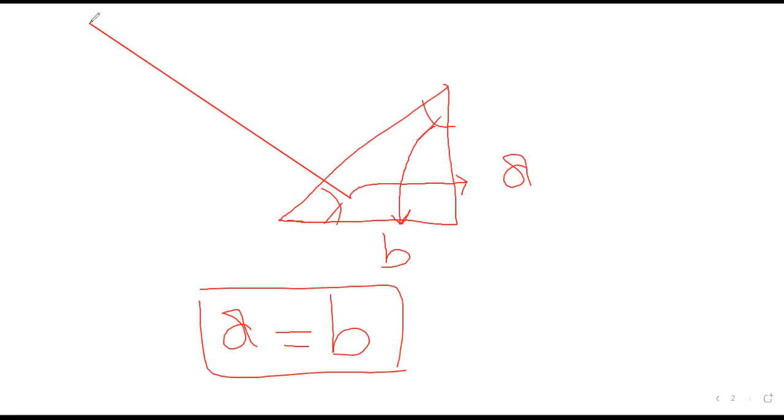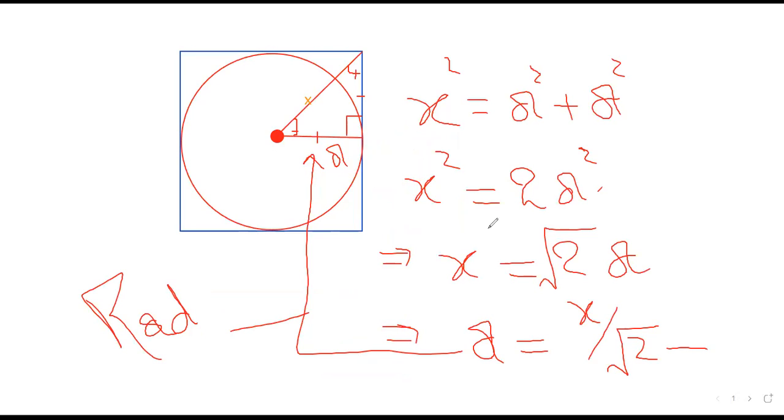Now, in the previous diagram, let me spotlight this one. This was the geometrical diagram which was given as per the question. We have a square and we have inscribed a circle. Then we connect the center of the circle to the vertex of the square, this line.